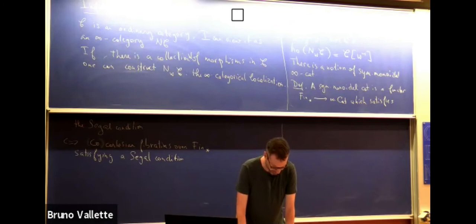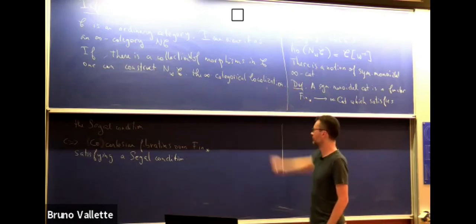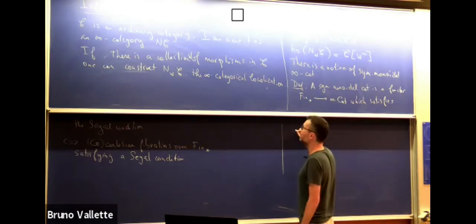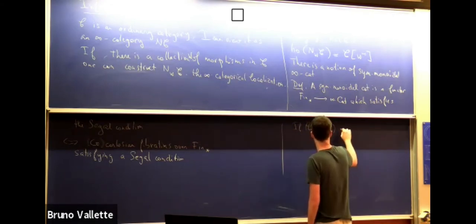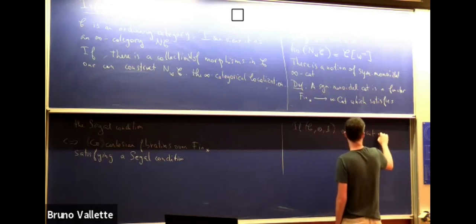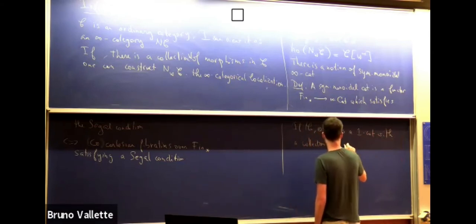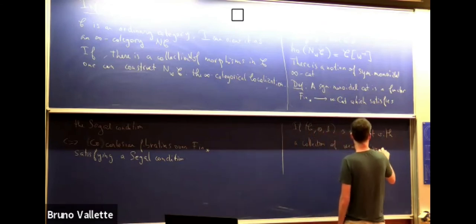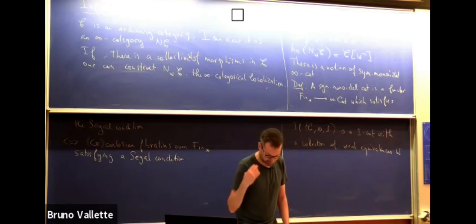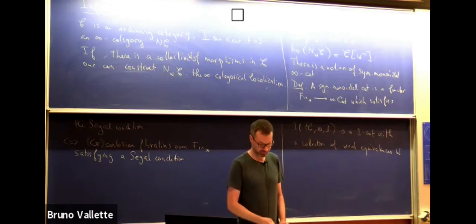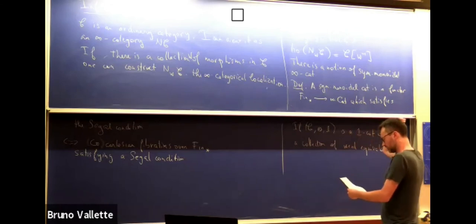And maybe just one fact that we'll use. If we're in this situation here, where we have a category with a collection of weak equivalences, so if C is a one-category with a collection W of weak equivalences, then the infinity categorical localization will inherit a symmetric monoidal structure if a certain condition is satisfied, and the condition is quite natural.